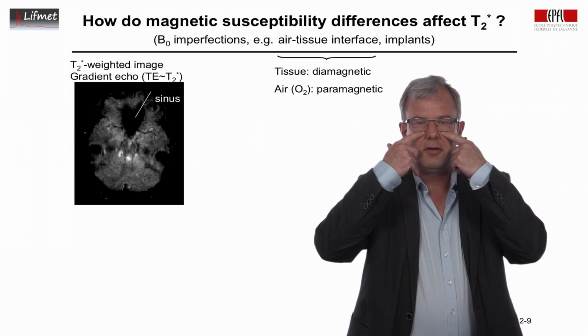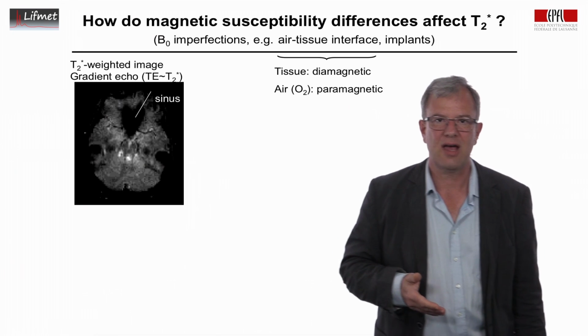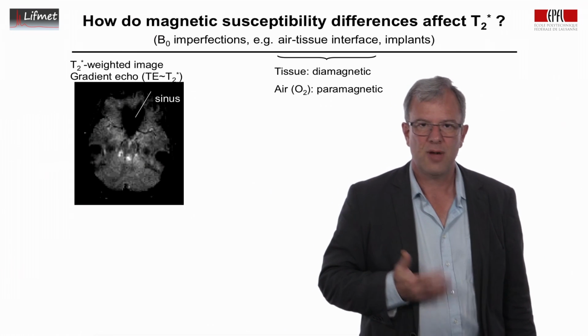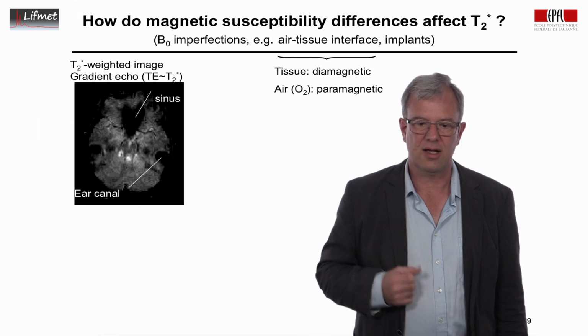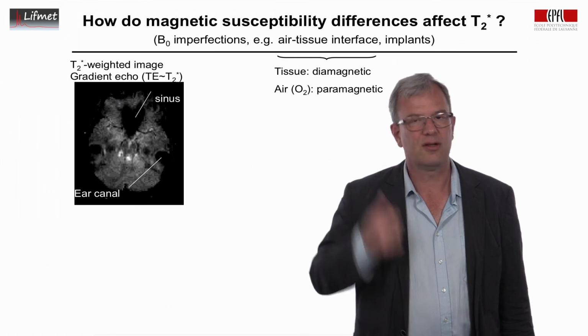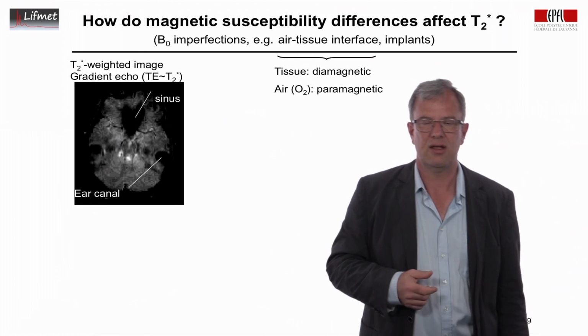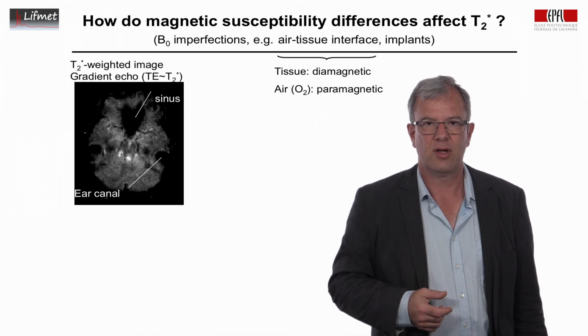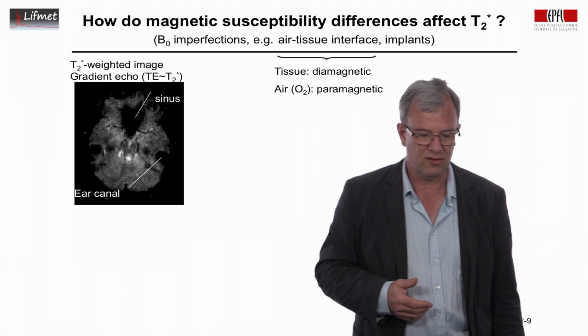Behind the nose, we have the sinuses, air-filled cavities, so they are filled with paramagnetic molecular oxygen. And here we have the ear canal that is also filled with paramagnetic oxygen. And this creates, on this type of image, a fallout of the signal because there's dephasing of the magnetization due to the delta B0.